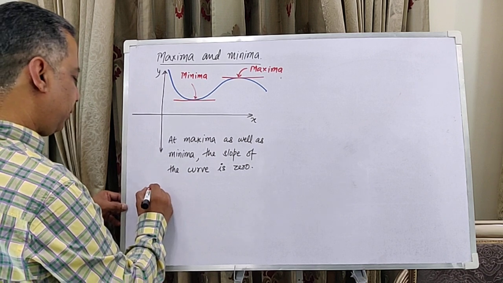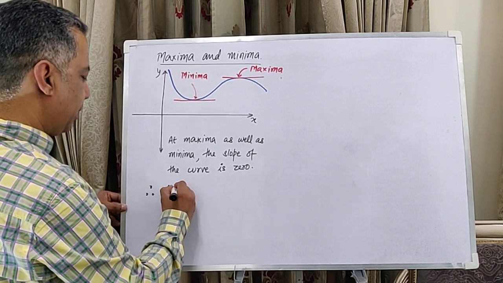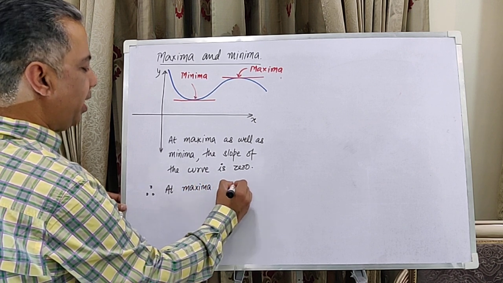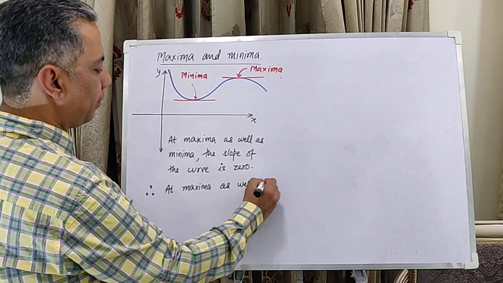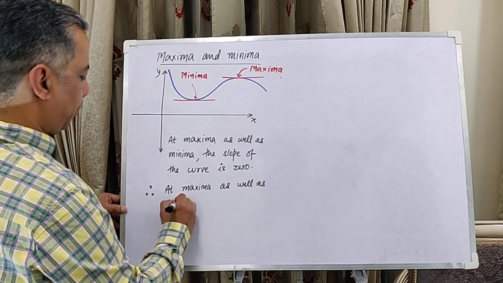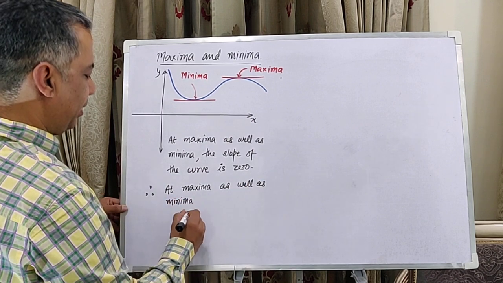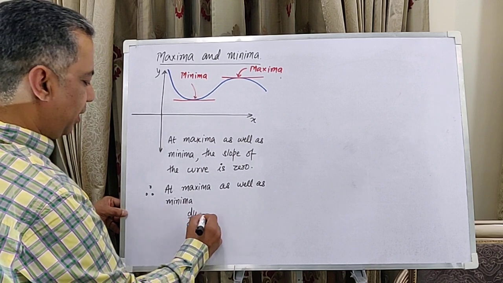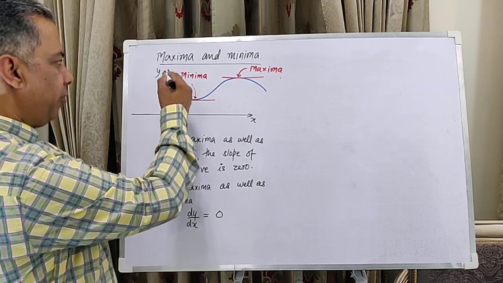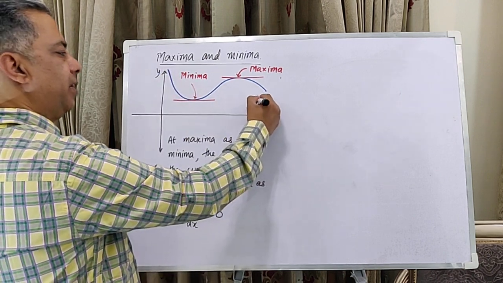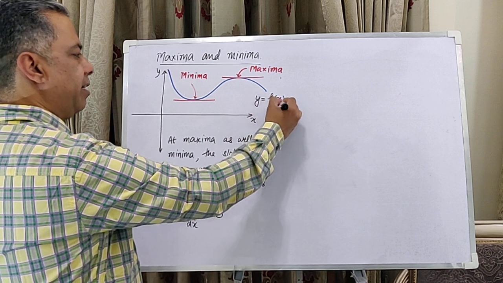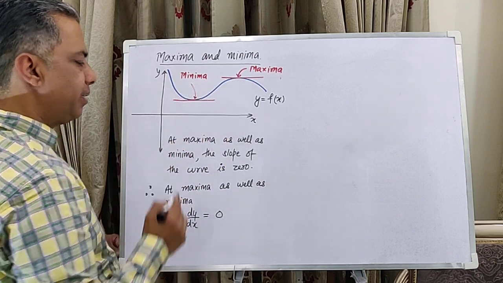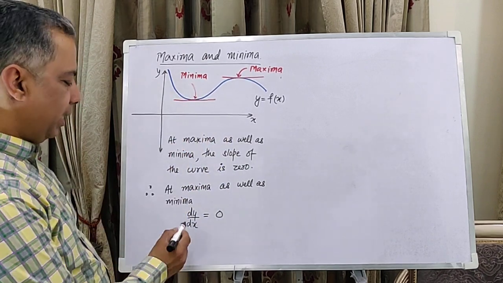So at maxima as well as minima, the derivative of the function is going to be 0. Of course, this graph is the graph of some function y equals f(x). The derivative of this function at minima as well as maxima will be 0.